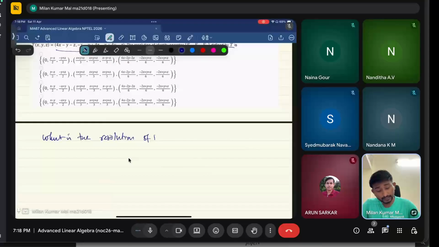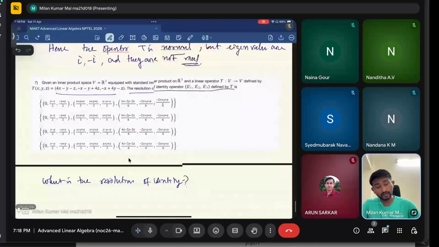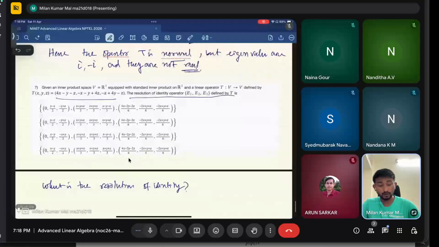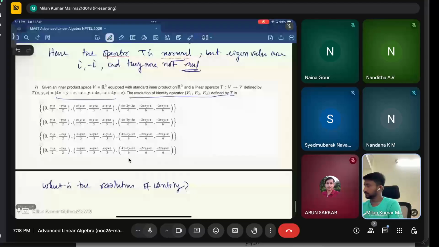So here let's take the standard ordered basis, that is (1,0,0), (0,1,0), and (0,0,1). This is the standard orthonormal basis.